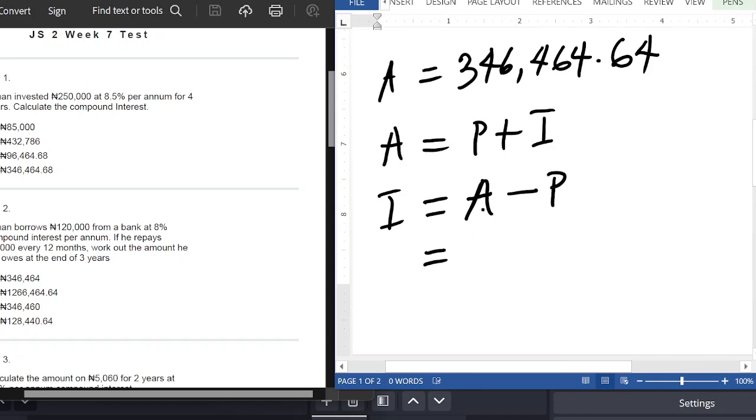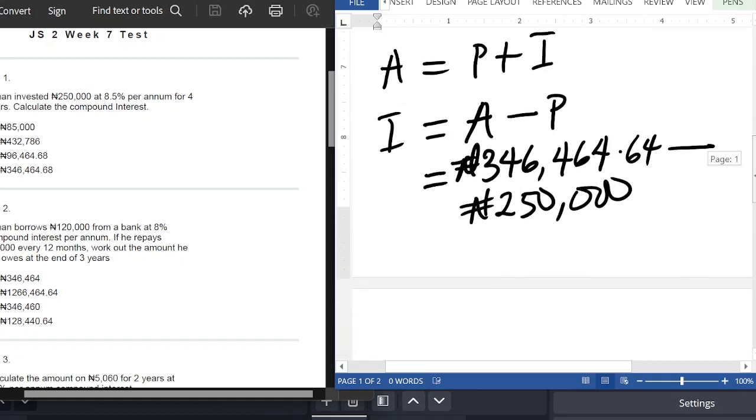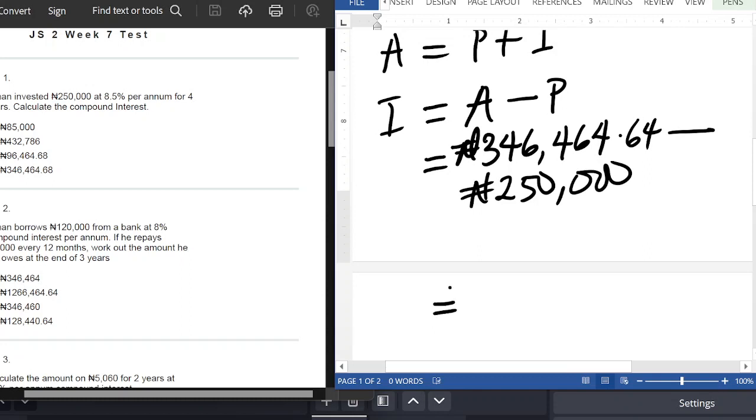The amount which we have calculated is 346,464 naira, 64 kobo, minus the principal, which is 250,000 naira. So we calculate that and get our compound interest. Minus 250,000 gives 96,464 naira, 64 kobo. That is option C. I hope this is very clear.